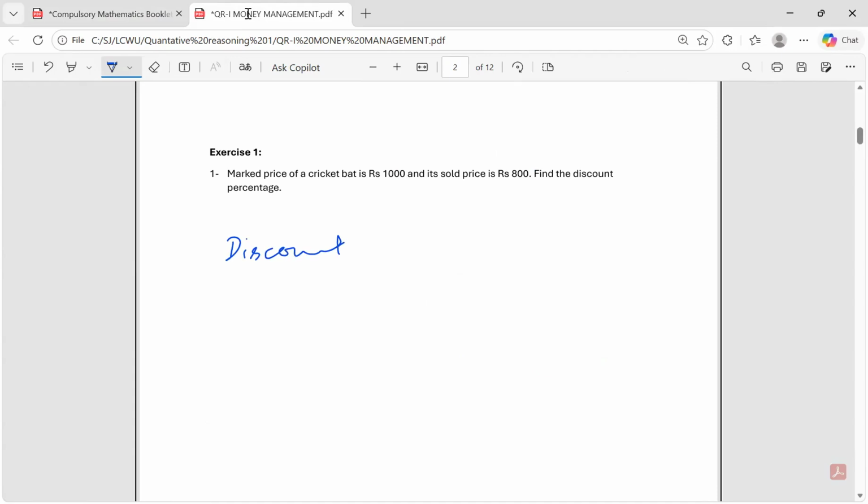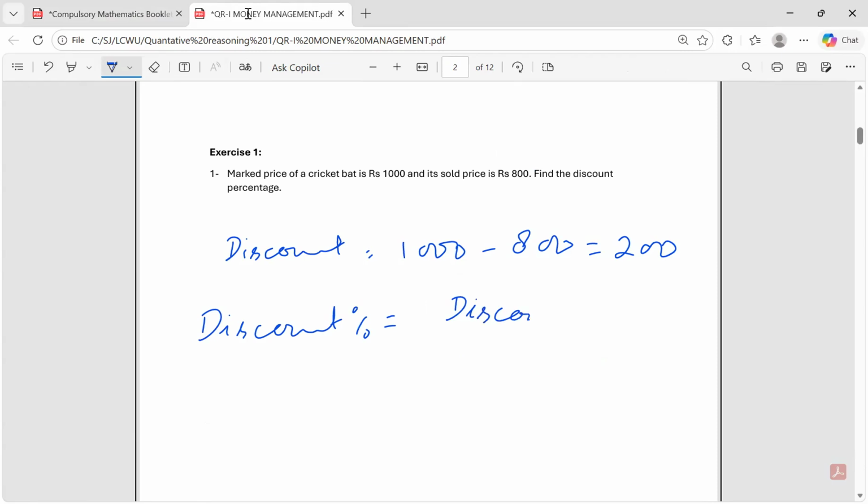Discount is equal to 1,000 minus 800, that is 200 rupees. So discount percentage is equal to discount over mark price, multiplied by 100.